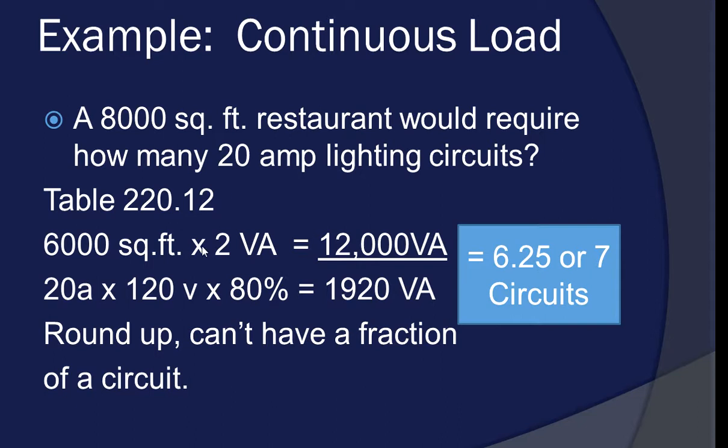For a continuous load, which will be on a 20 amp circuit at 120 volt service, we take 80% of that, and we get 1,920 watts. We divide that into our lighting load, and we get 6.25. You have to round up to accommodate for these extra watts, and you get 7 circuits.